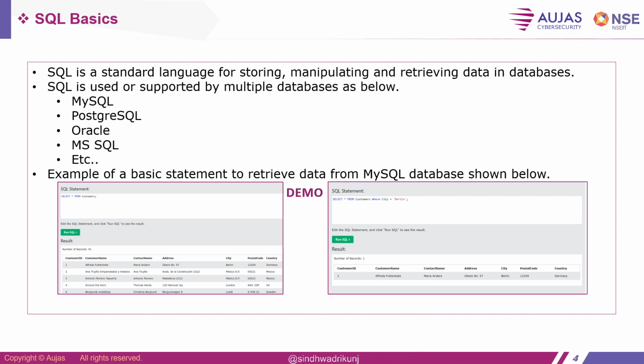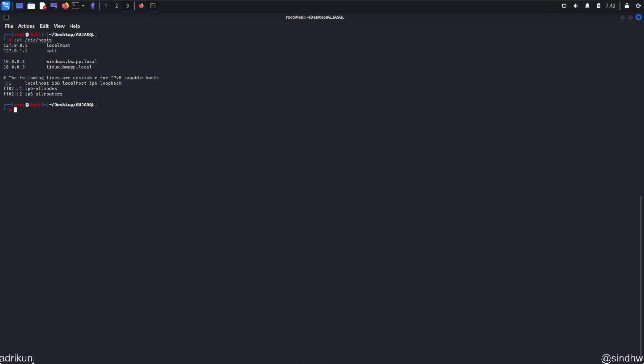I'm switching my system to my VM. For this session, I have designed a custom lab. It is an OVA file that is already uploaded over Teams. You can navigate to the labs folder inside the knowledge sharing session folder and download the OVA.